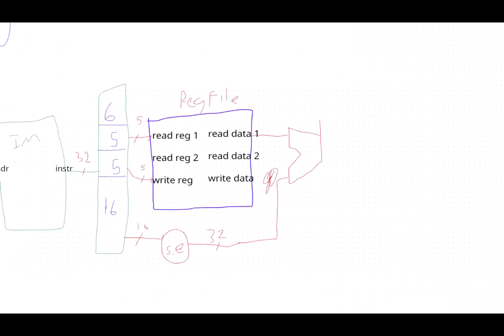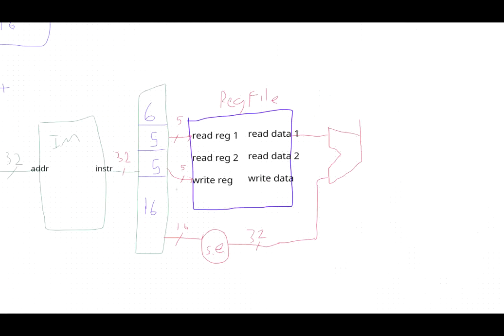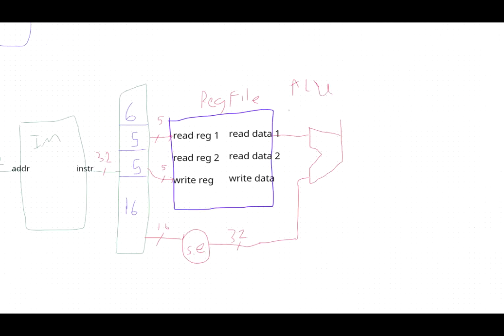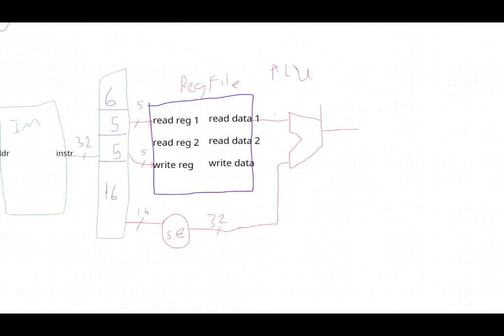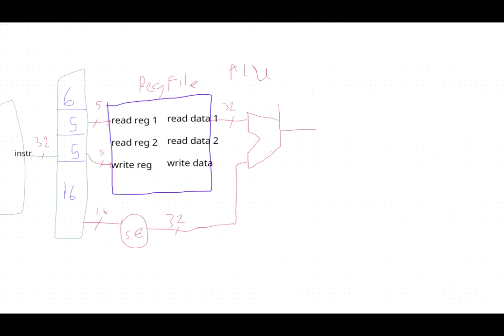I'm just omitting the multiplexers for now and showing you how everything should be connected. What's happening is that we're taking the immediate, sign extending it, and then adding it to the register value, and this is 32 as well. That's why we sign extended, because we need to add it with another 32. So our target address, the TA, is going to come out of here.